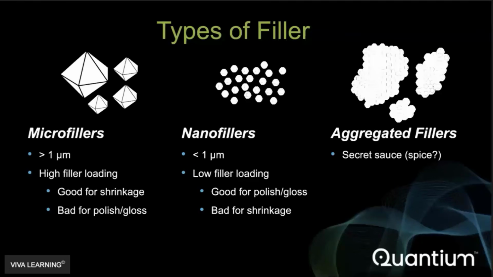This, in addition to something that they call aggregate fillers. It's a secret sauce. They call it the secret sauce because I don't know if they want to disclose it or not, but that's what they call it, the secret sauce.